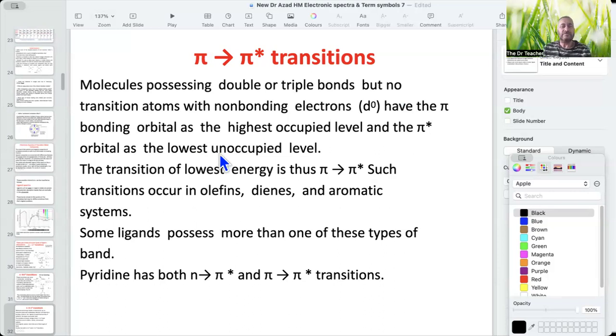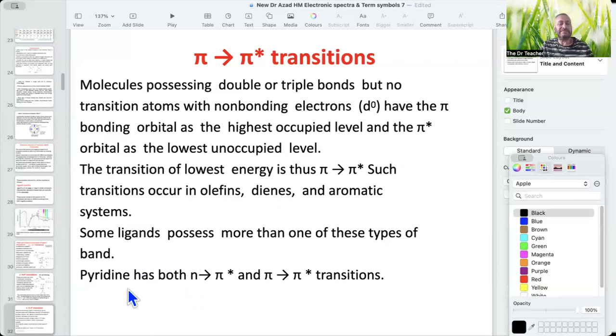So the transition will be pi to pi star, because this occurs in olefins, dienes, aromatic systems. Now we have pi electrons that can migrate to the empty pi star. Where can we find this? In aromatics, double bonds, triple bonds, and so on.